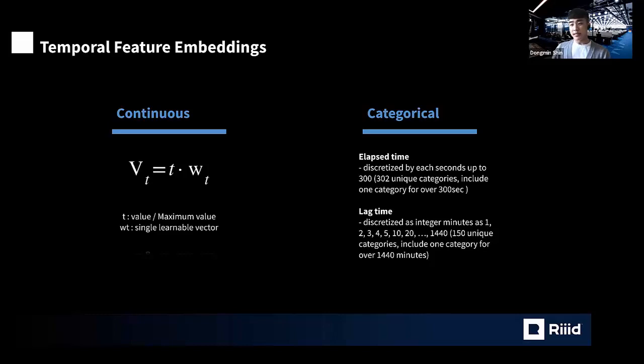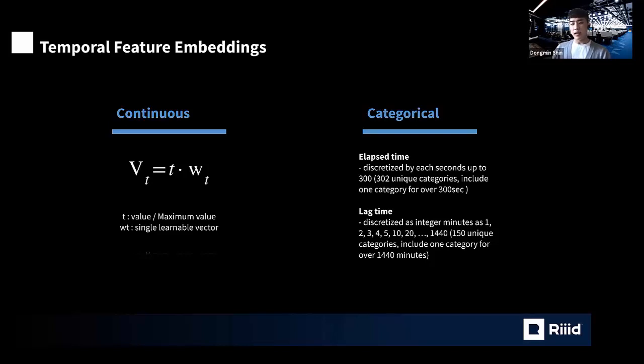So elapsed time is discretized by each second up to 300 seconds. So there will be 302 unique categories for this, including one category for over 300 seconds.